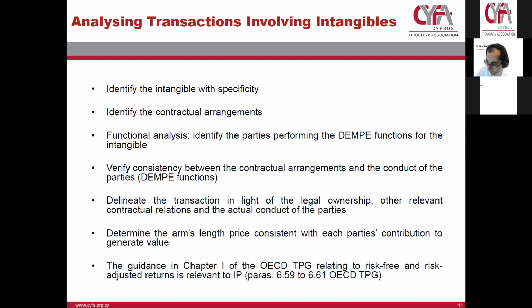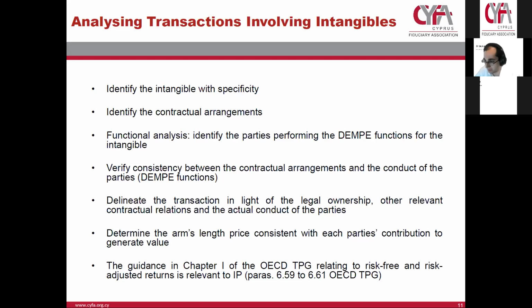So if the two are consistent, then we move on to pricing the transaction. But if they are not consistent, we should delineate the transaction. We should reinterpret the transaction in light of the DEMPI functions. So the DEMPI functions will override the contractual arrangements. That's the goal of the OECD, and this operates really as an anti-abuse or anti-avoidance mechanism.